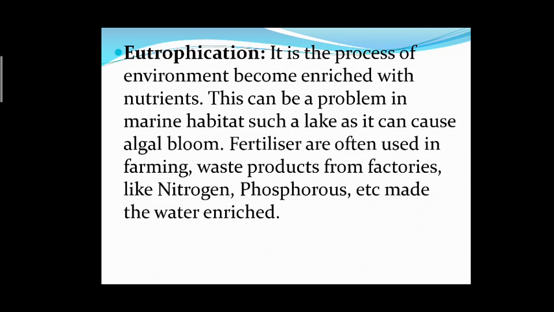Fertilizers are often used in farming. Waste products from factories like nitrogen, phosphorus, etc. make the water enriched. You know about macronutrients. Nitrogen, phosphorus, potassium, etc. are macronutrients required in large quantity by plants.